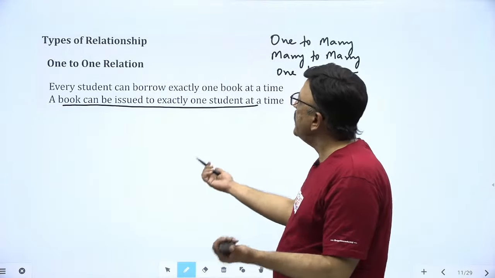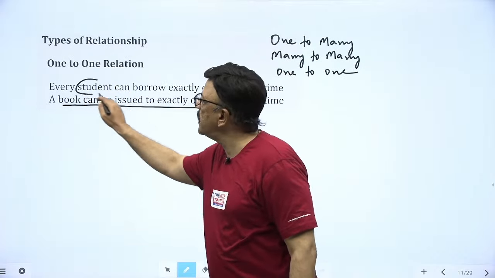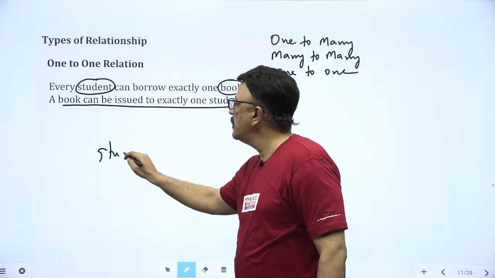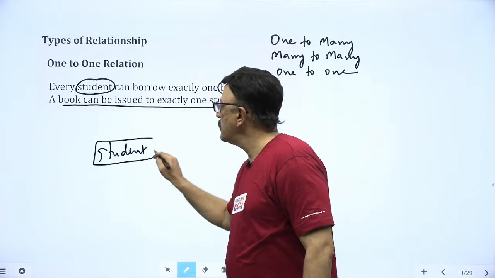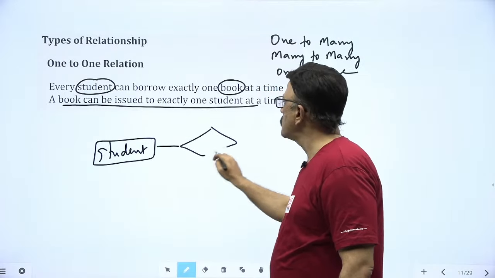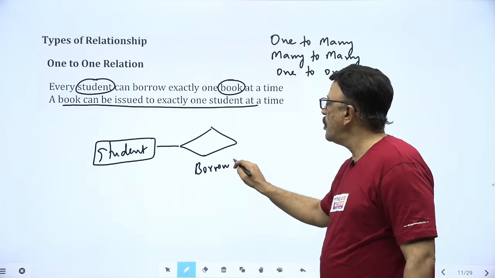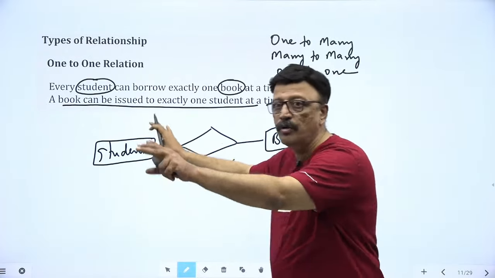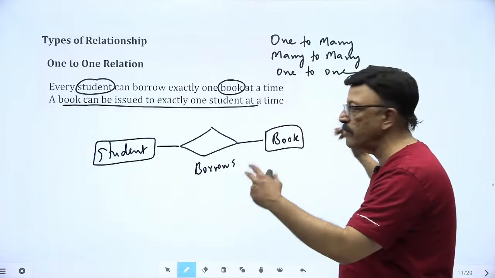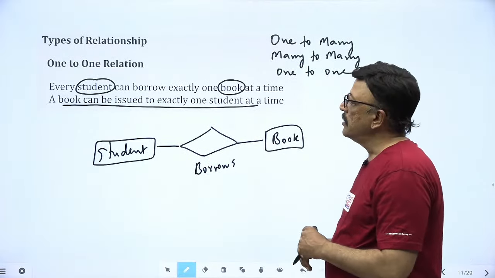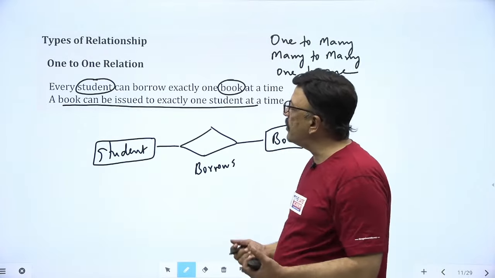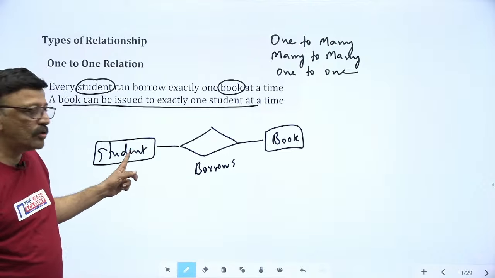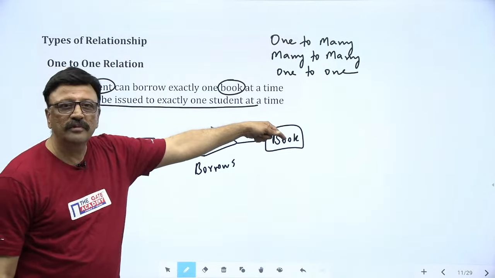So what do you identify over here? The student is an entity and a book is an entity. And the relation between these two entities is student borrows book. Of course, again I am not showing attributes like student ID, student name, book ID, book name and so on. But then what you identify over here is, if you ask any student, how many books have you borrowed? Student will definitely say one. I have borrowed one book.